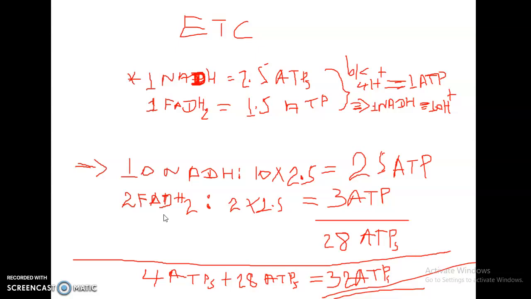Therefore there will be 2 Krebs cycles for one glucose molecule, and we are considering that. 2 times 1.5 is 3 ATP. 25 plus 3 is 28 ATP through oxidative phosphorylation. Therefore, 4 ATP from substrate level phosphorylation and 28 ATP from oxidative phosphorylation. There will be 32 ATP from one glucose molecule.